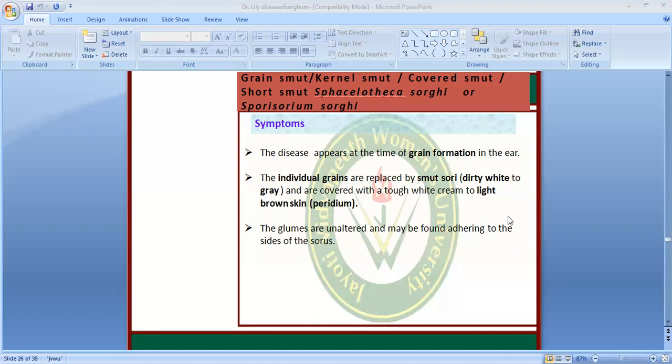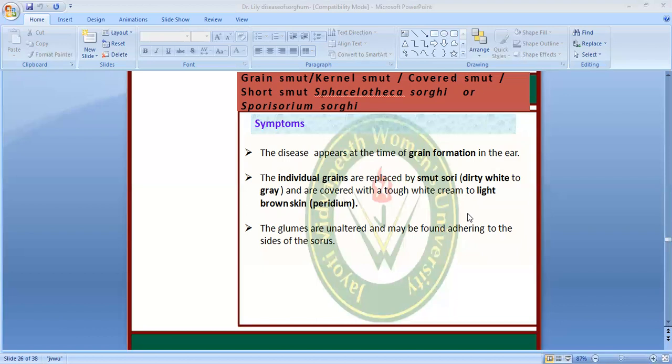But what is the main symptom? The individual grains are replaced by smut sori. That means inside the glumes, the grains are replaced by smut sori. Sorus is singular and sori is plural. And what is its color?